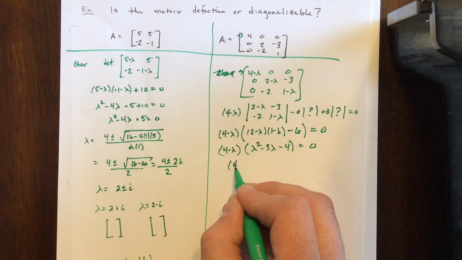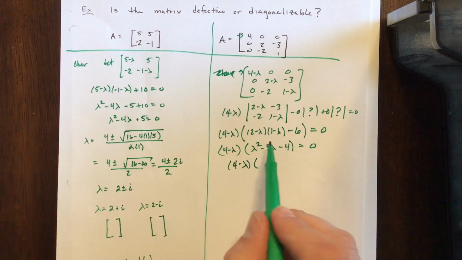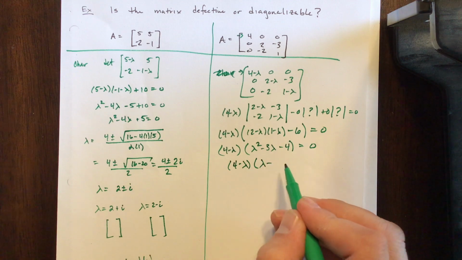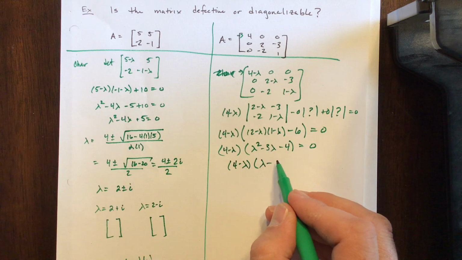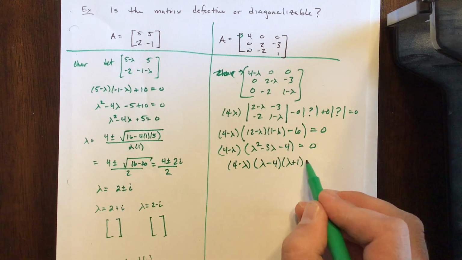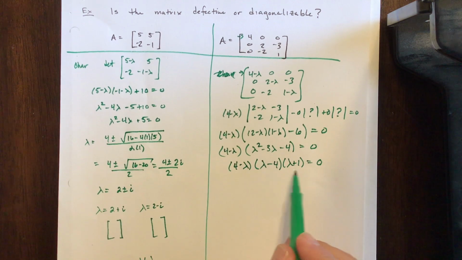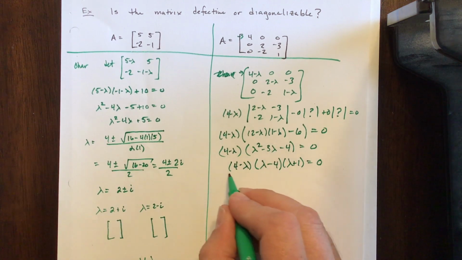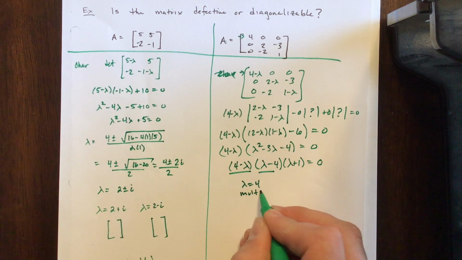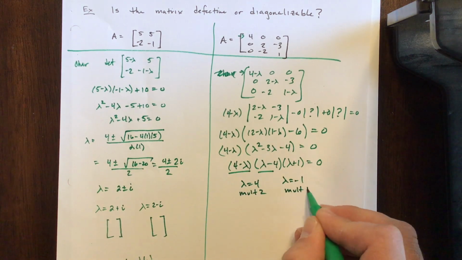Okay, so 4 minus lambda times lambda minus 4, lambda plus 1. So we have lambda equals 4 has multiplicity 2. Lambda equals negative 1 has multiplicity 1.